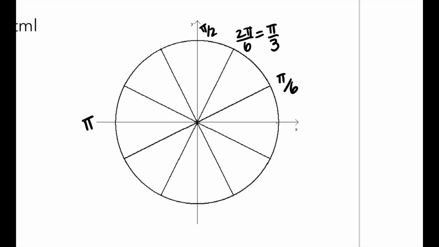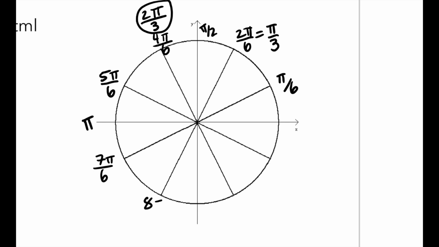Let's go back to the 6. So we have 1, 2, 3, 4/6 of pi. But 4/6 does simplify to 2/3 of pi. So we would use this one. Then 5/6 of pi, 6/6, which is 1, 7/6 of pi, and 8/6 of pi, which becomes 4 pi over 3 after you simplify it.